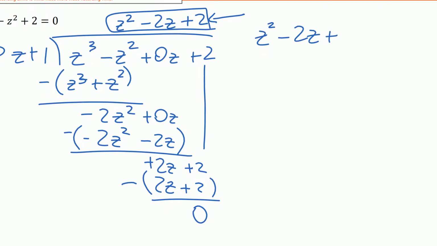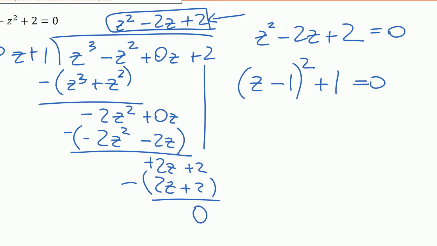So, everyone happy with what I'm trying to solve? Equals 0. So complete the square. That is Z squared minus 2Z plus 1, isn't it? So I need to add 1 to make it actually the same. So here I've got Z minus 1 all squared is now negative 1.